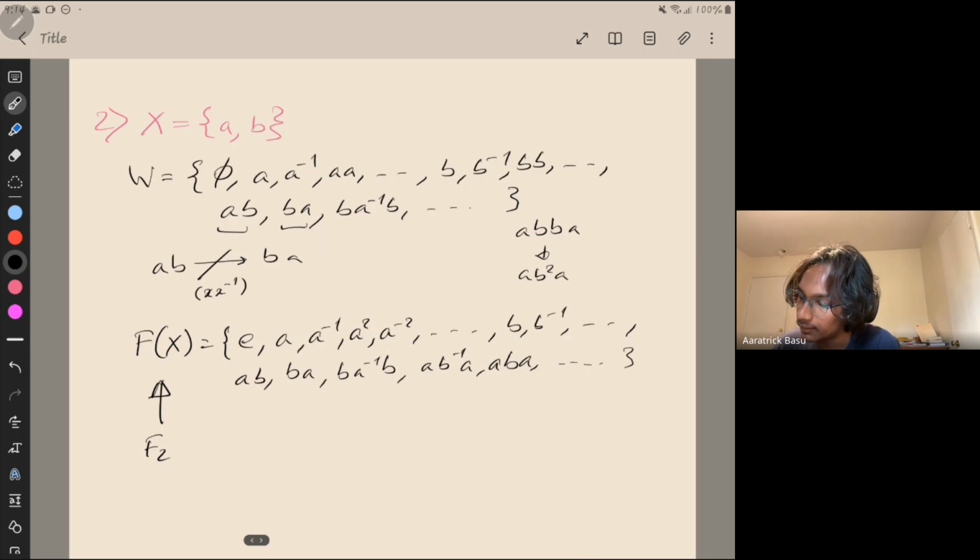So far at least, it's not obvious to me what F2 is as a familiar group, because there's just some sequence of elements. It's not really obvious what kind of group this is. I don't see an obvious pattern at least. By the end of this talk, I hope to convince you that this is a very interesting object and it's hard to understand.